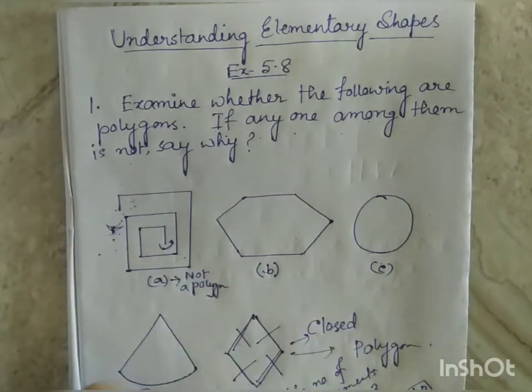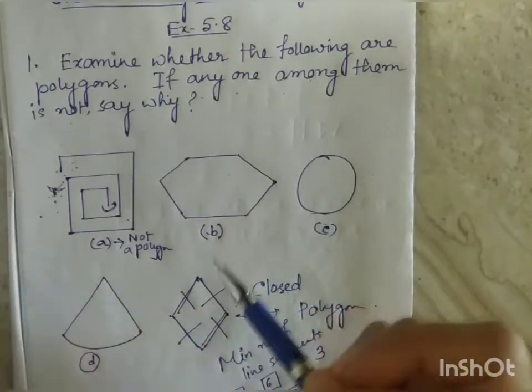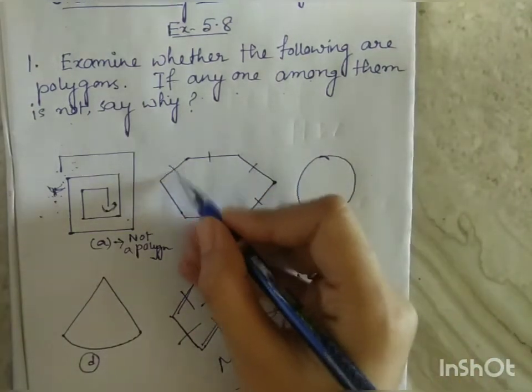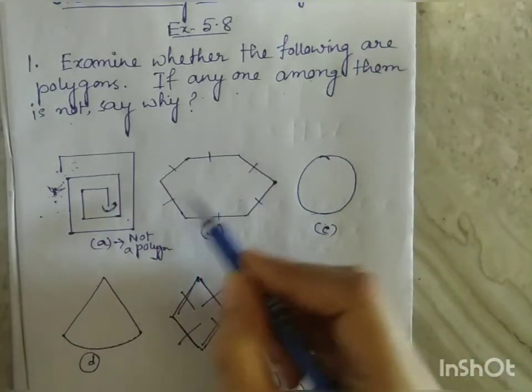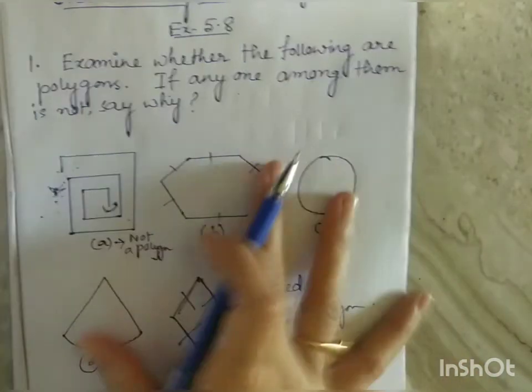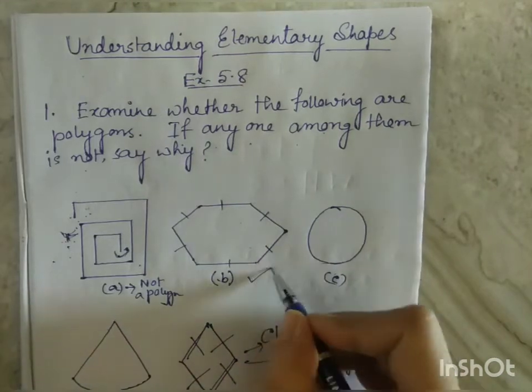Let's come to the next one, B. In B, a shape is given which has 1, 2, 3, 4, 5 and 6 line segments, and which is also making a closed figure. It fulfils the criteria of being a polygon, so it will be a polygon.